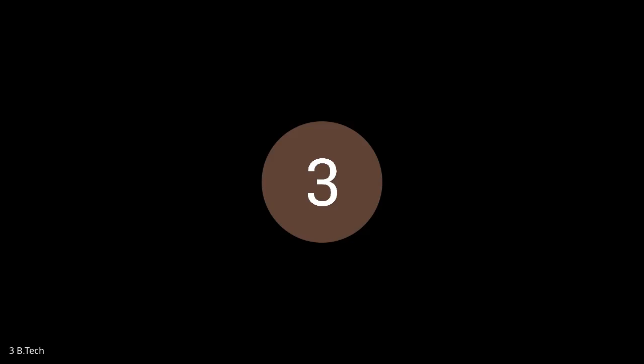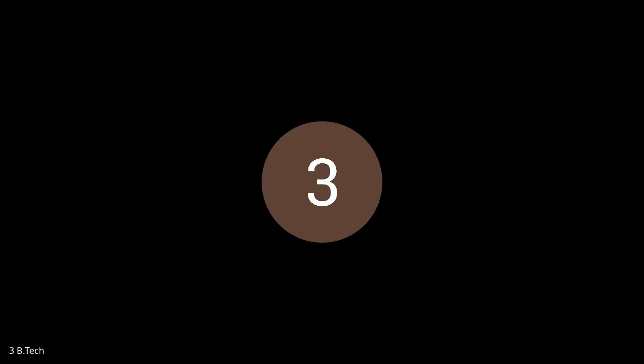While doing the lab, or while using a BJT as an amplifier, we have two particular frequencies within which it can work as an amplifier. The first frequency is the lower cutoff frequency. The next one is the higher cutoff frequency.